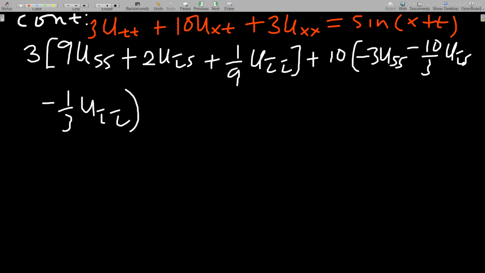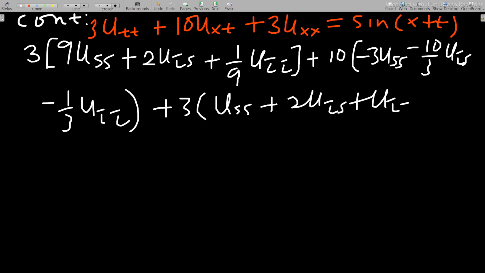Then in brackets plus 3 into U_XX, which is U_SS plus 2U_tau S plus U_tau tau, and all of this should be equal to sine of x plus t, and x plus t was given us 3 over 2 tau minus 1 over 2 S.